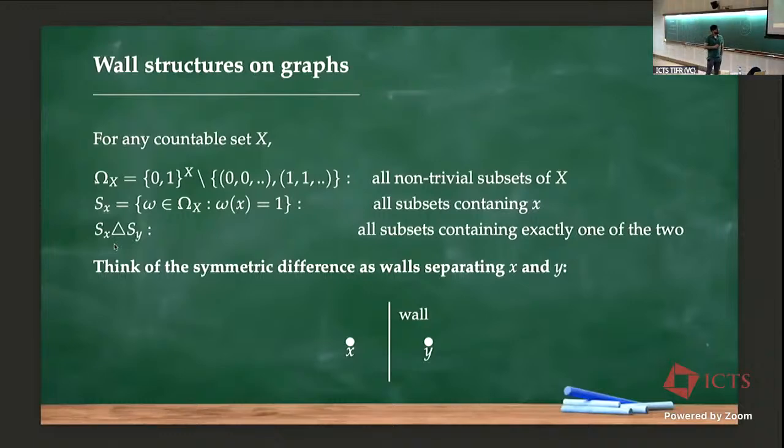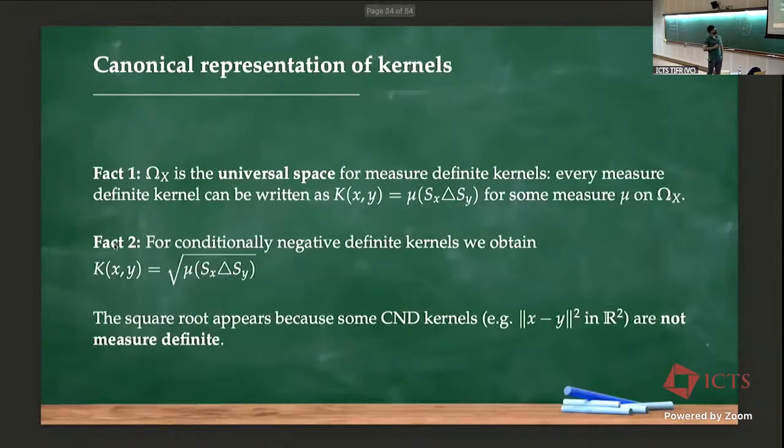Okay, so with these two inputs, what we can say is: if you give me a measure definite kernel, what is the space for that?